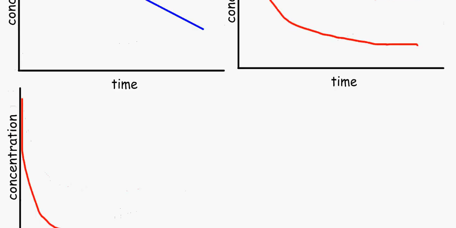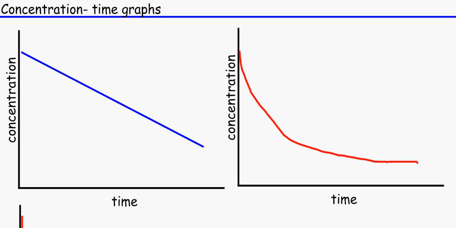And this one over here, we can see that there's a rapid decrease in concentration. Sorry, it shouldn't even look like that. It should be coming out a bit. There's a rapid decrease in concentration versus time. Then it evens out. Okay, we would know what order graphs these are in a minute once you get to know what order actually is.